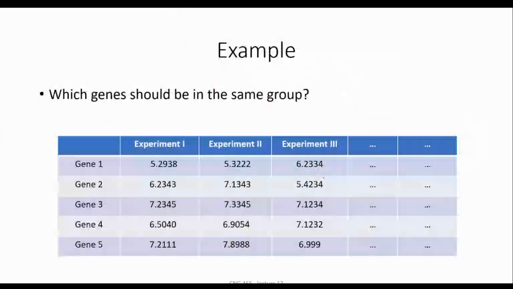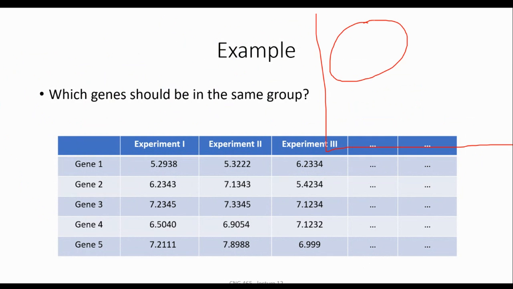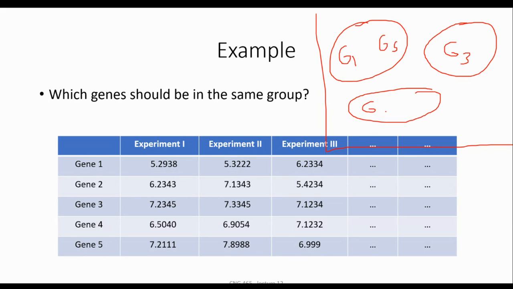At the end, you will come up with something like, let me show you here. This is not related to this slide, I just want to show you here. So at the end, maybe you find out that G1 and G5 should be in this group, G3 should be here, and G2 and G4 are here. How did you understand this is the case?